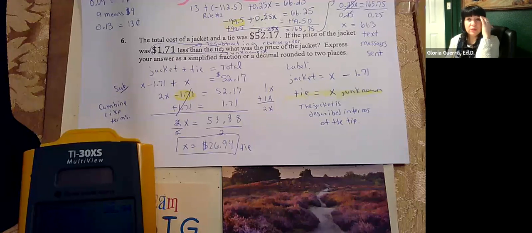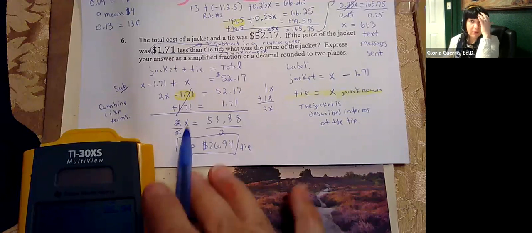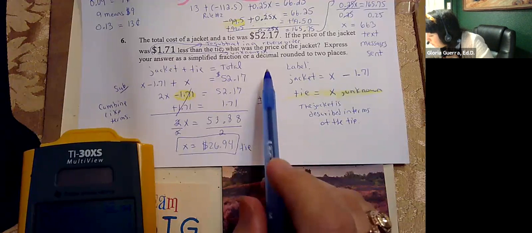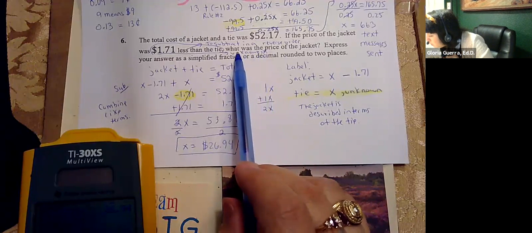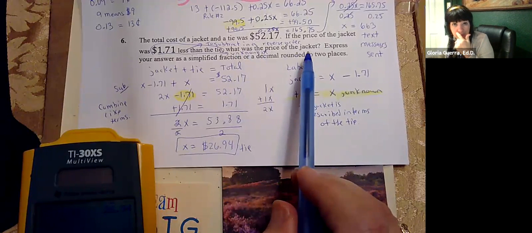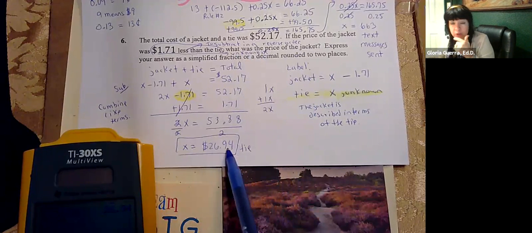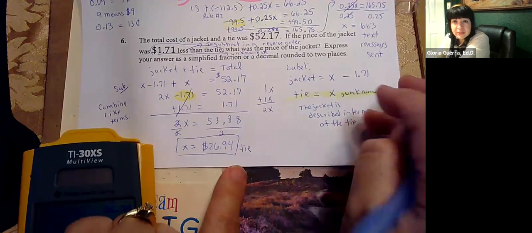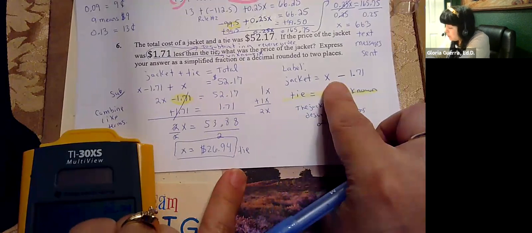Sometimes people miss it because they have all this work correct, but when they type their answer in the computer, they don't answer what the question wants. The question is, what was the price of the jacket? They only want the jacket, and you found the tie. So you need to go over here and find the jacket, which remember was X minus 171.